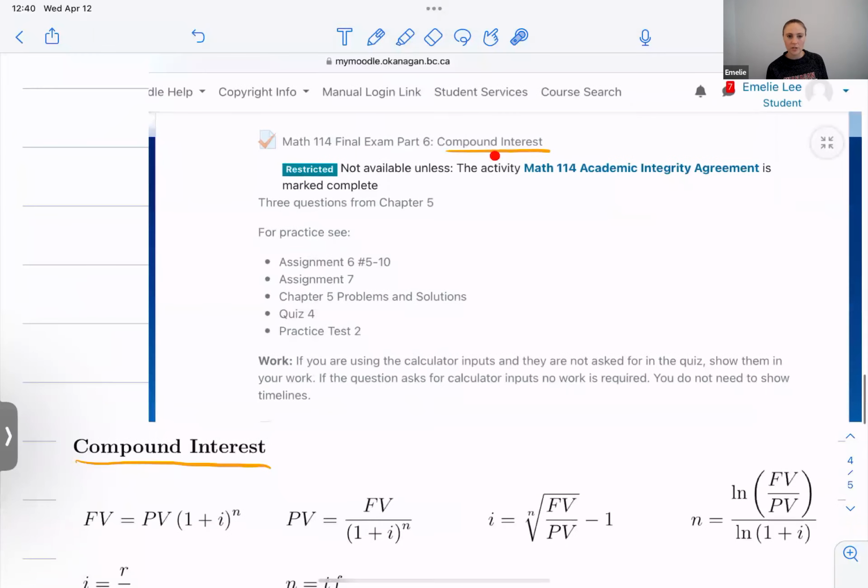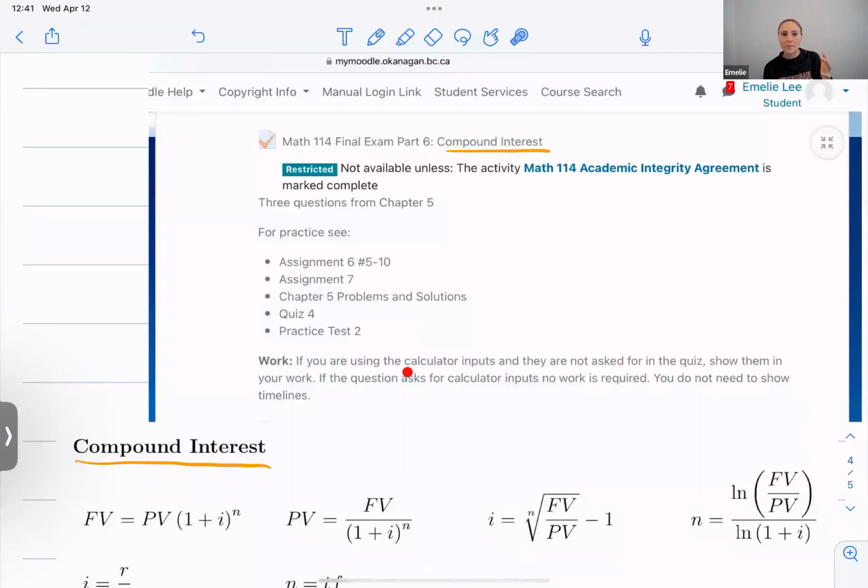So for compound interest, going back to the previous part 6, if you're using the calculator inputs, which you are allowed to do, and they're not asked for in the quiz, just like you did on the previous test, you've had those calculator inputs.